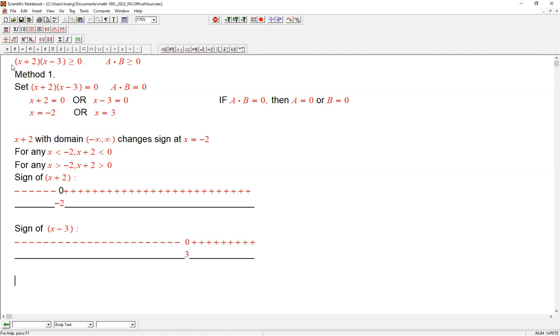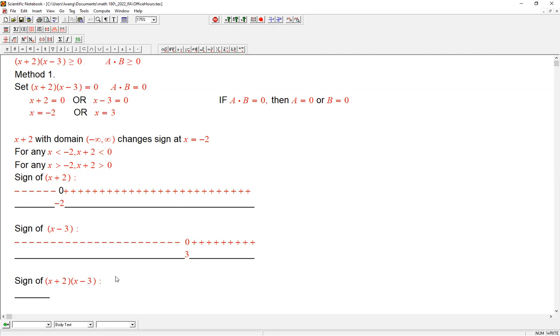The question under consideration is whether the product is greater than or equal to 0, so next we observe the sign of this product. It changes sign at negative 2 and at positive 3, as we found over here.